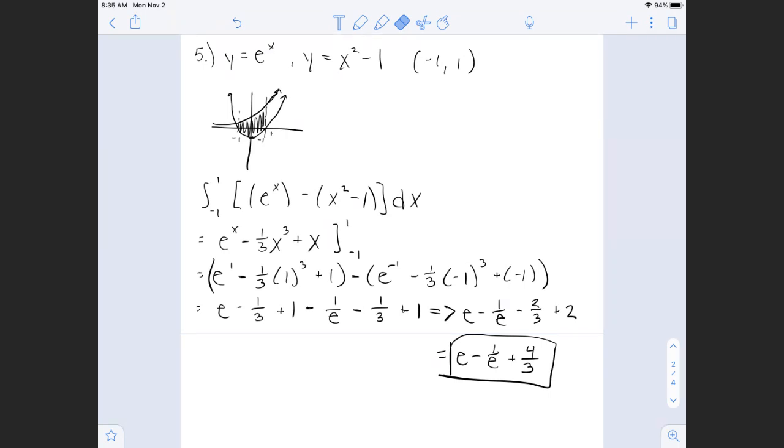So basically, we're cutting along the y-axis. We need to figure out which one is on the right, which one is on the left. Right? We can graph it. We will have this kind of graph, right? This kind and this kind of graph. One is a parabola to the left, one is a parabola to the right.